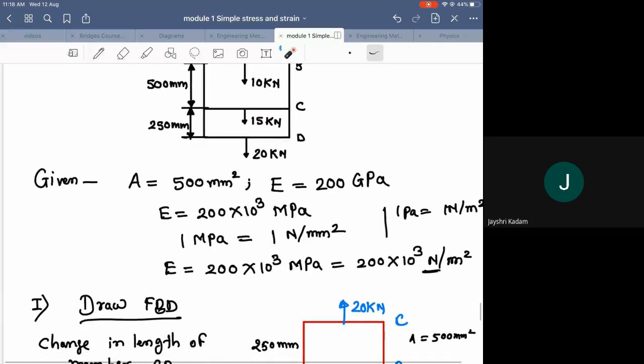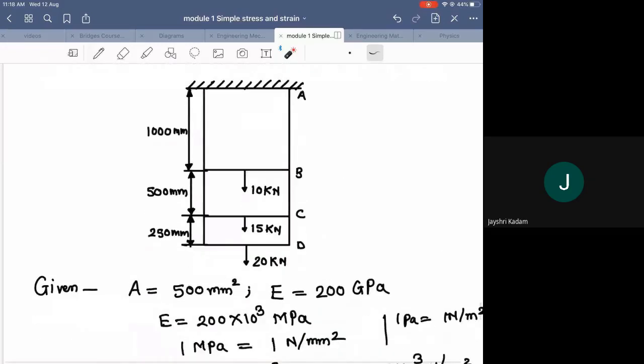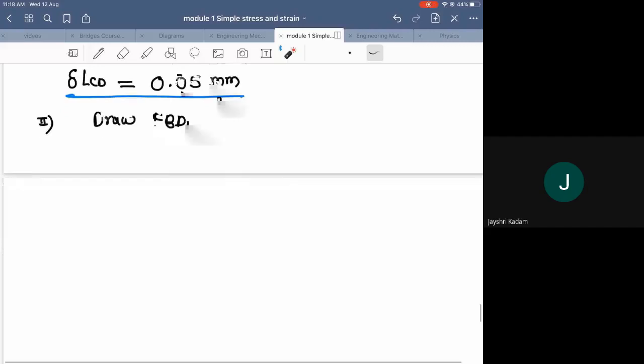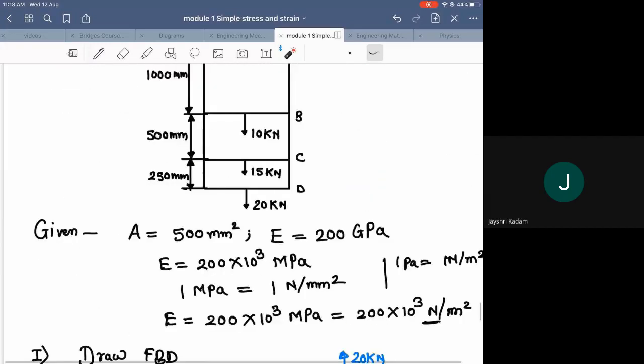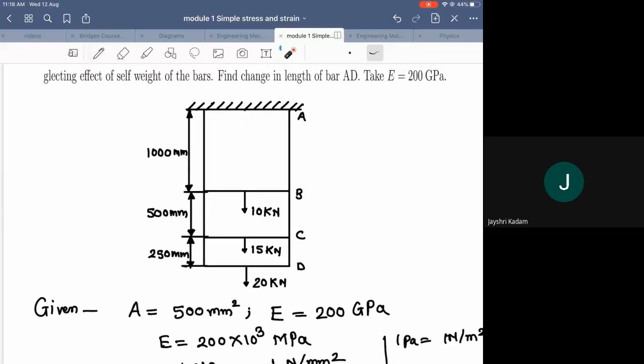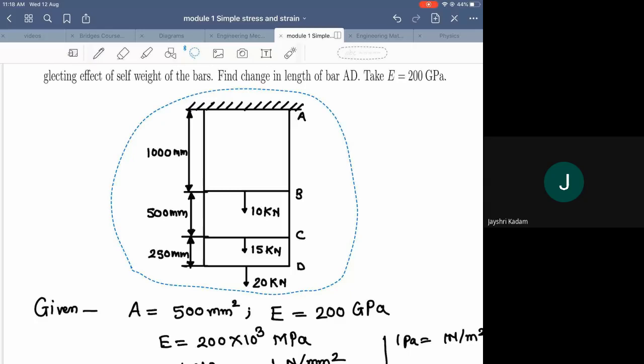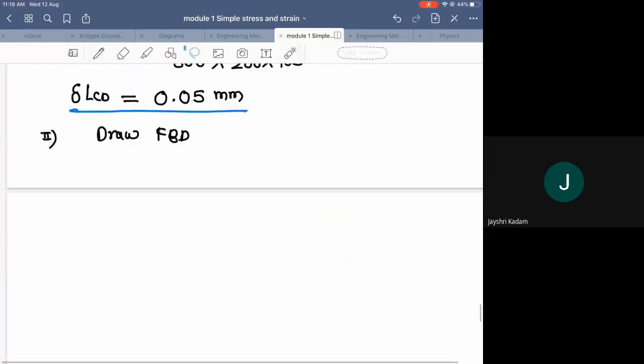So I will draw the free body diagram. How will my free body diagram be? I will copy this diagram here, which will make the problem easier.